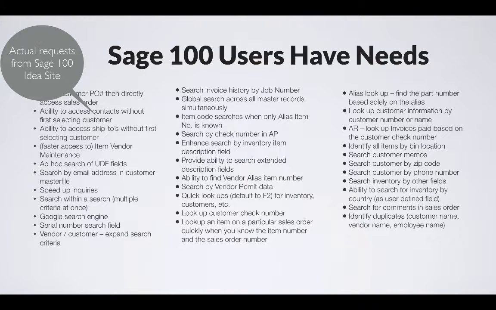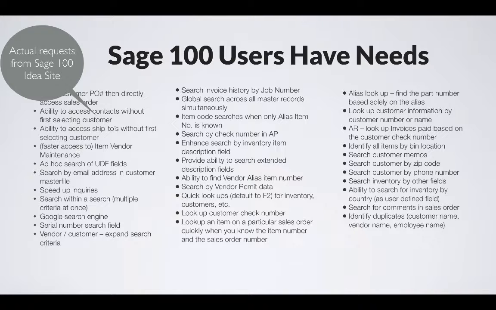So let's think about the kinds of needs that Sage 100 users have that maybe can be faster. And rather than just make some things up and assume things, I spent a little time and plumbed through the Sage 100 idea site.